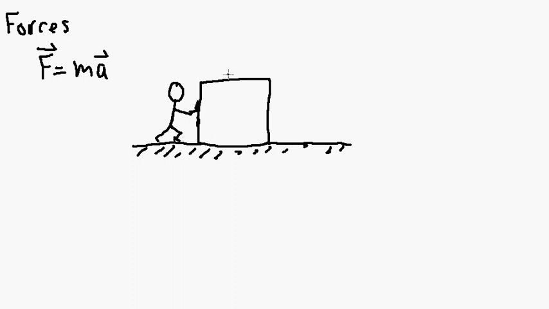So what are the forces we've got acting on the box? Let's start with a couple of basic forces that we have on almost everything. One of those is the weight. You can draw the weight at the center of the box if you like. So force number one, weight.